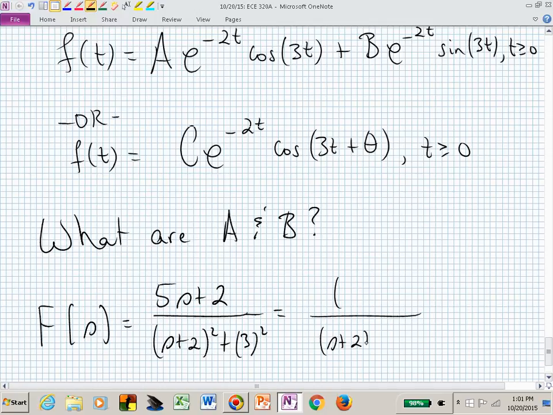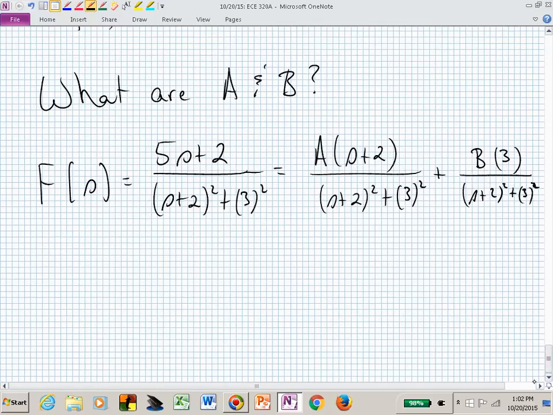I'll do the hard part, the denominator. So what's the numerator look like? It now is some A, s plus 2. Then I have the exponentially damped sine piece. Again, the denominator is exactly the denominator that I had in the cosine, but now what's the numerator here? B3. Bingo.